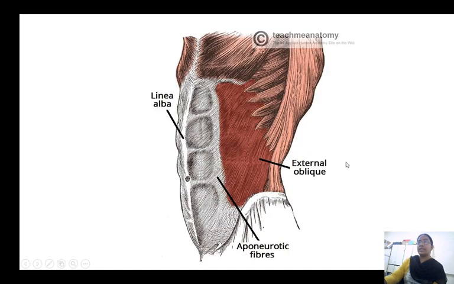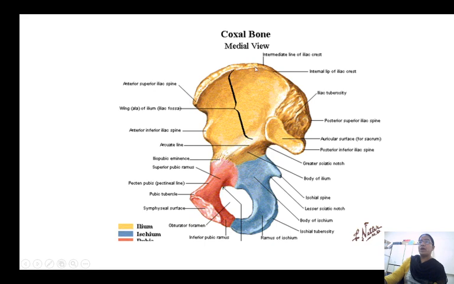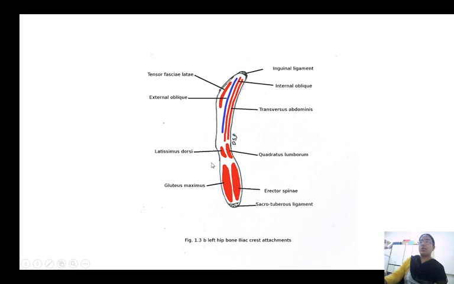So what we have said is that the posterior fleshy fibers of the external oblique muscle descend vertically downwards and insert into the outer lip of the iliac crest. If you take a cut section of the iliac crest, it looks like this.